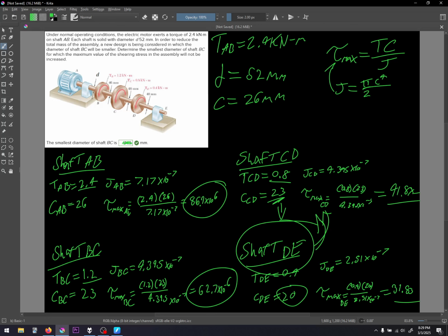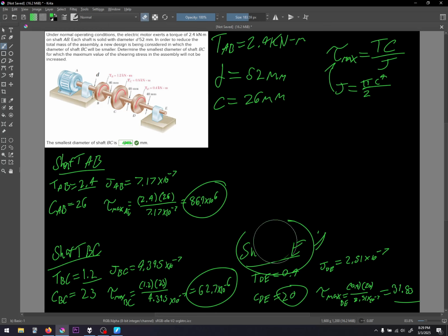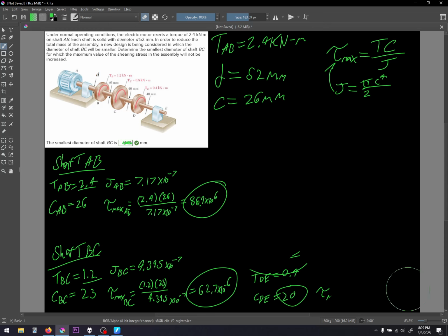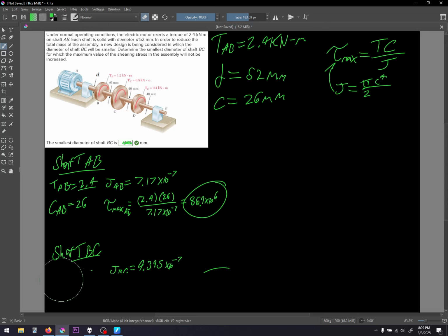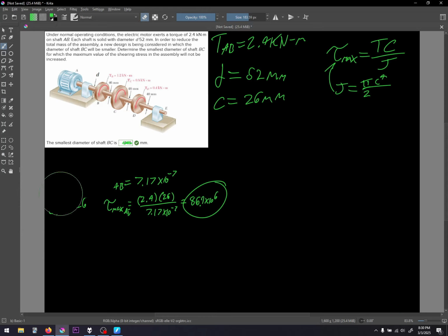But either way, we know the largest is 86.9. So that's the largest. And now we have to design the diameter for BC as to not exceed this.